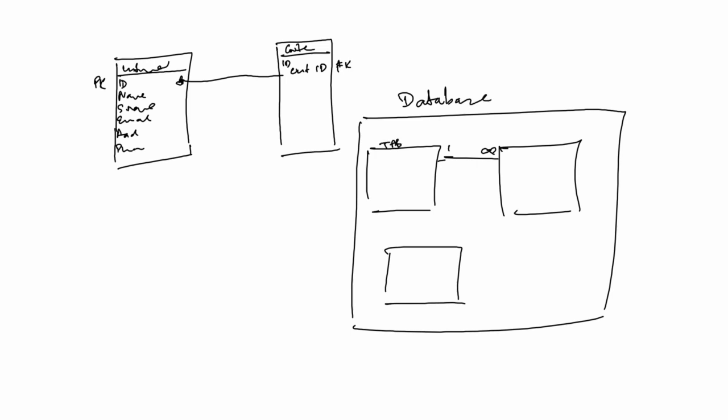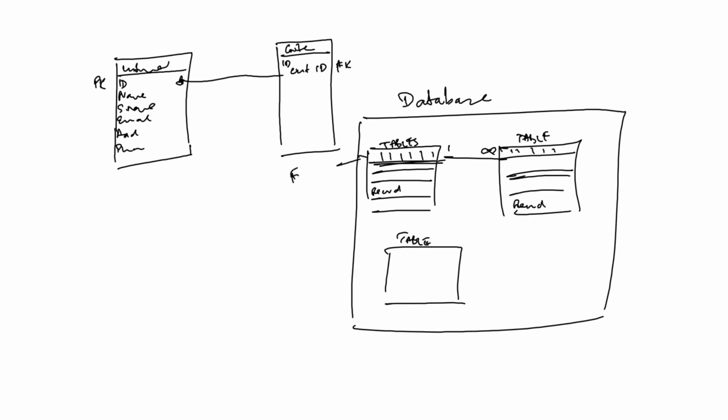So this is a database. These are your tables, and each one is a record. This is a table. Your attributes are up at the top. They are called fields.